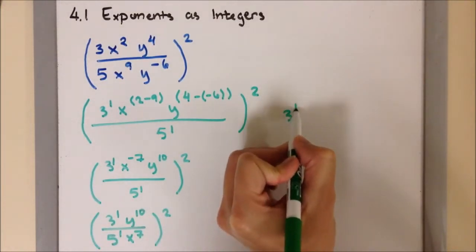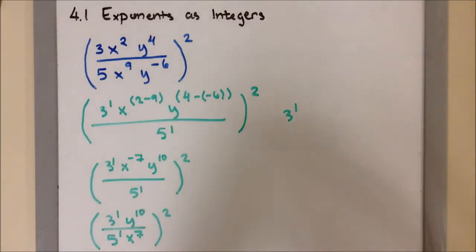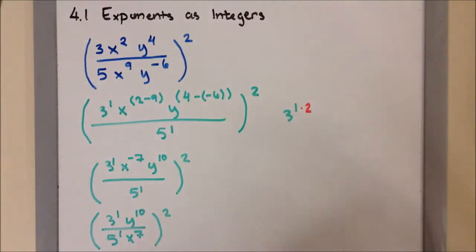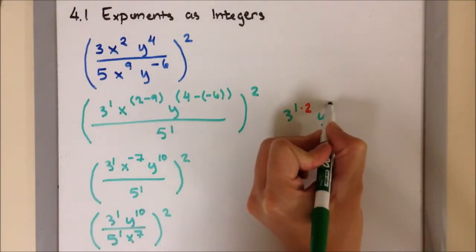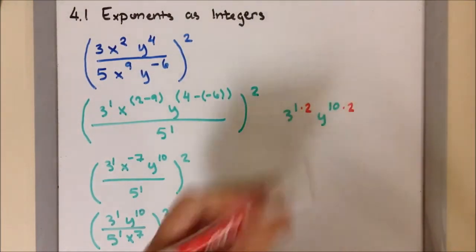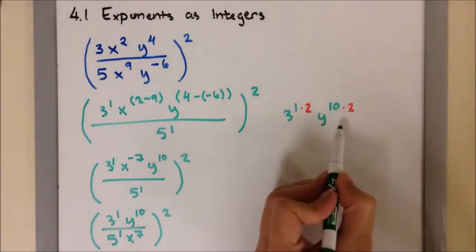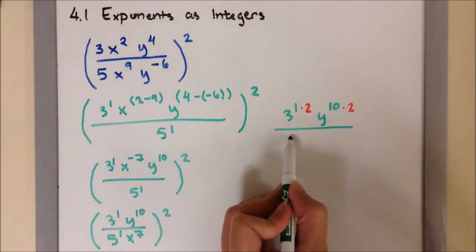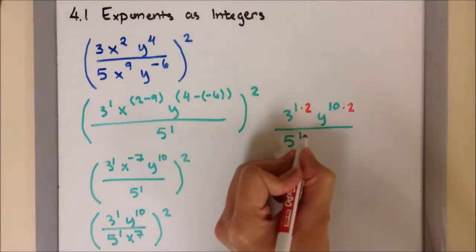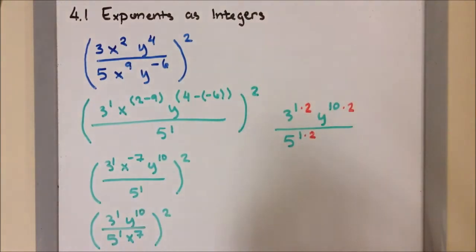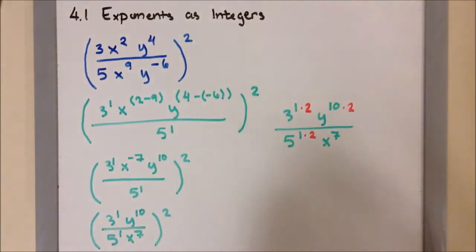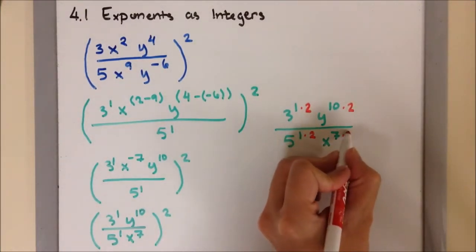So it's going to be 3, 1 times 2, and then my y, 10 times 2, over 5, 1 times 2, and then my x, 7 times 2.